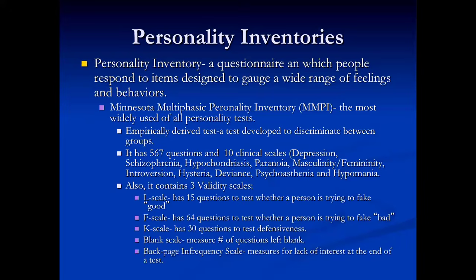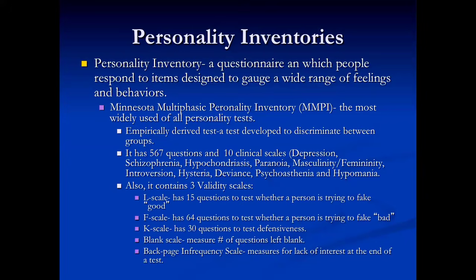The three primary validity scales are the L scale, which is faking good, the F scale, which is faking bad, and the K scale, which is defensiveness, right? So we could tell whether you're over exaggerating your positive attributes, exaggerating your negative attributes, or being defensive.